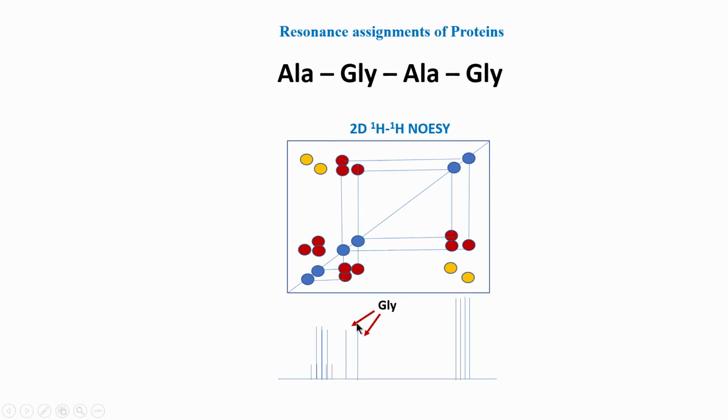How did we know that? Because in the 1D, remember I told you there are 2 glycines, which from the simple chemical shift we can say, but still I do not know which glycine is this and which glycine peak is this. So, G2 and G4, that assignment is not done up to now. How can we achieve that is what we will see now.